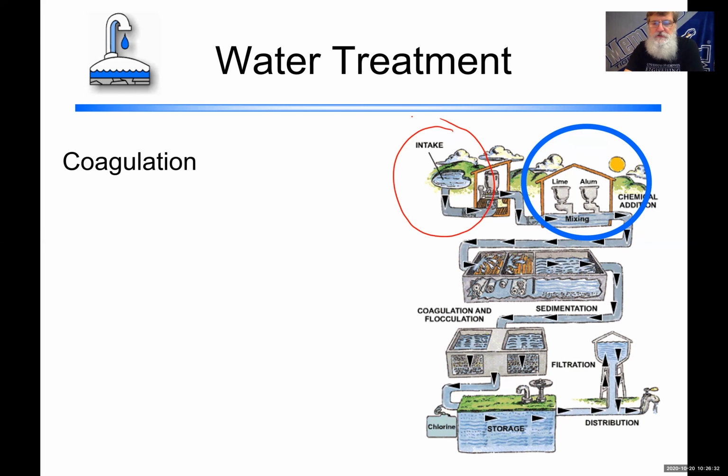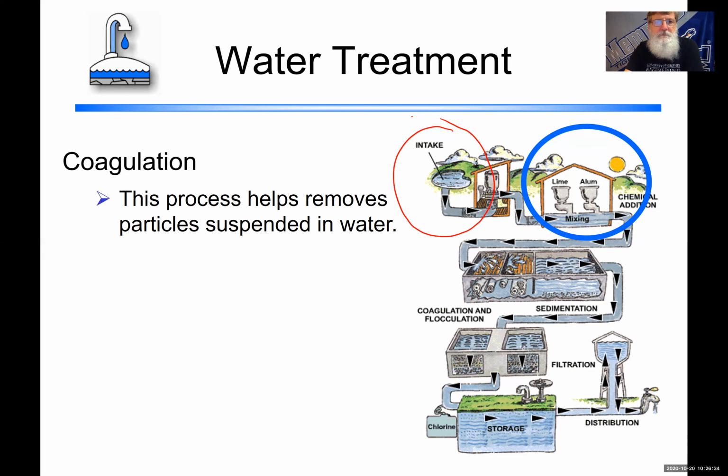We have a similar situation here in water treatment. One of the main sources of contaminant in surface waters is suspended material. So again, if you were to go down the Mississippi River and get a big scoop of water, let's say a glass, and look through it, you'd see a lot of suspended material that's floating in the water. And if you let it sit there long enough, some of it will settle to the bottom, but a lot of particles will not.